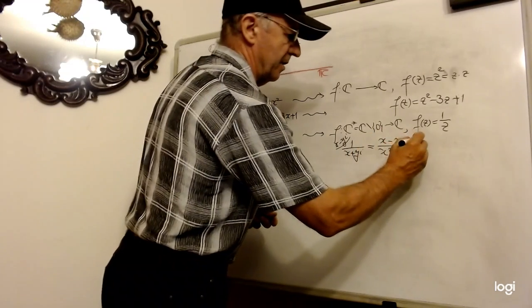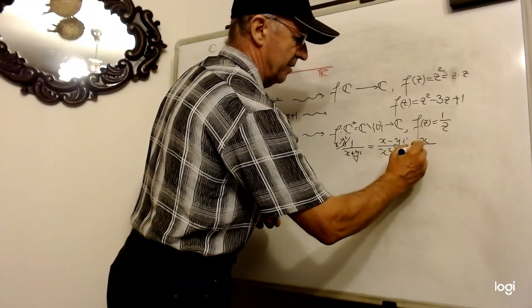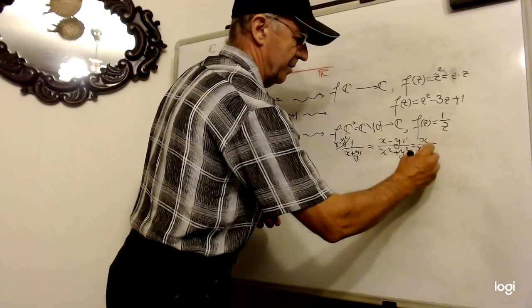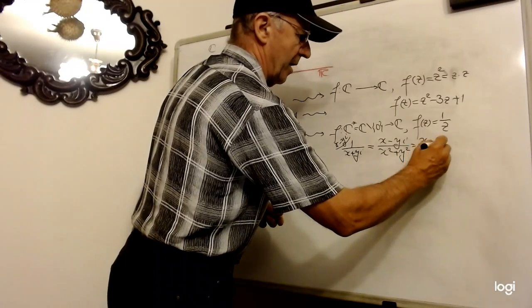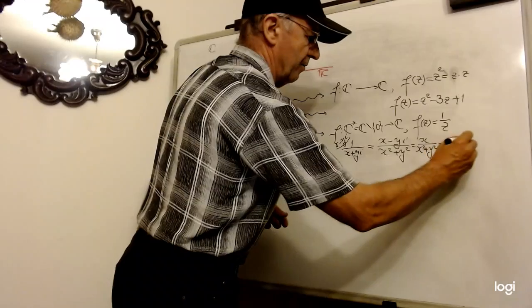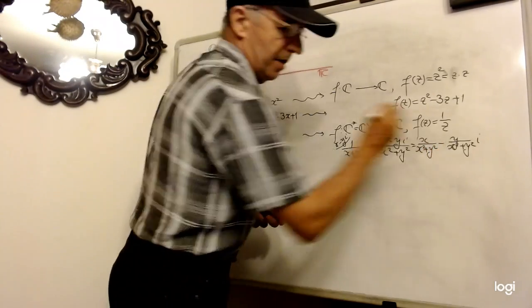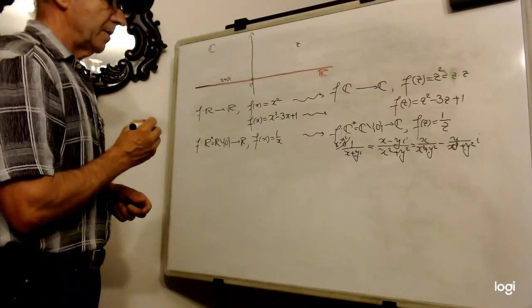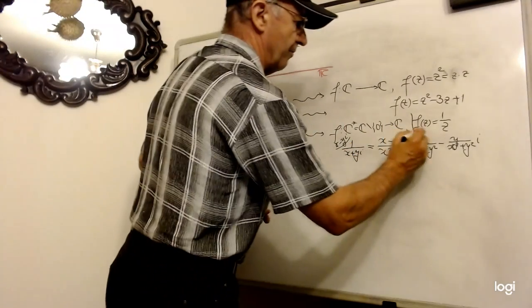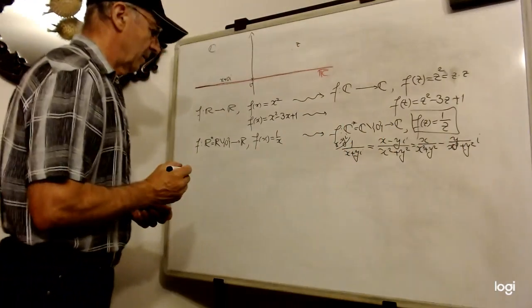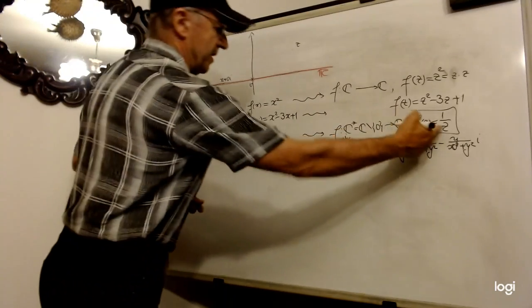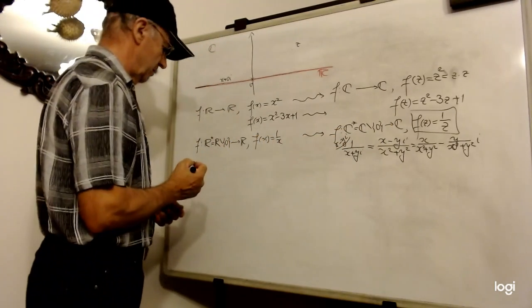So the real part is x over x squared plus y squared minus y over x squared plus y squared times i. This is the definition for this function, which is an extension for this one.